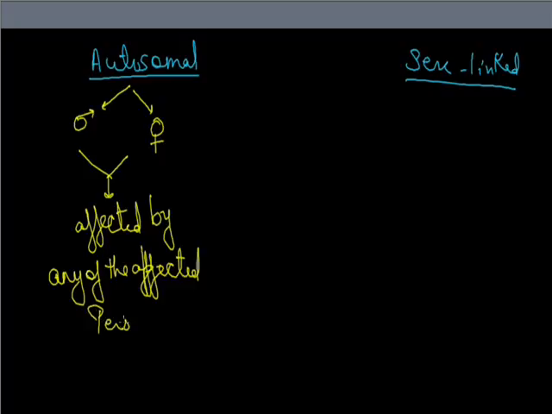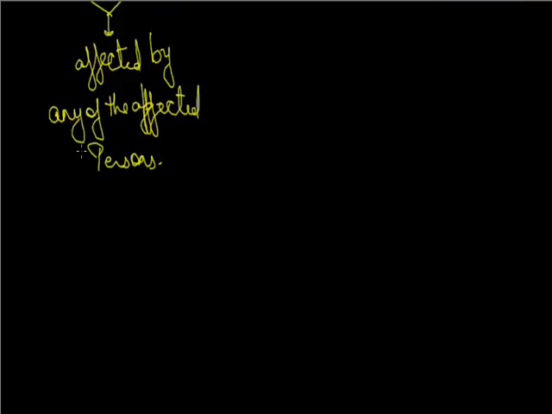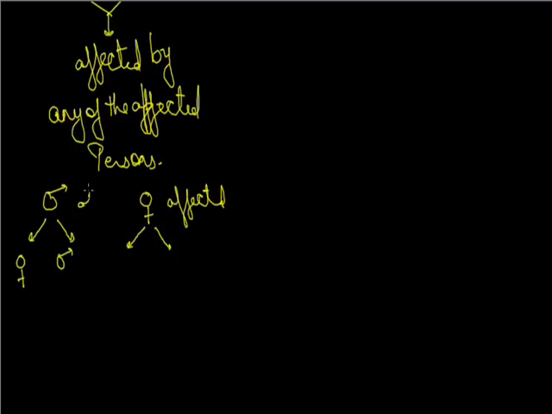That means an affected father can produce an affected female or an affected male, and from an affected mother, the daughter or the son, both can be affected.